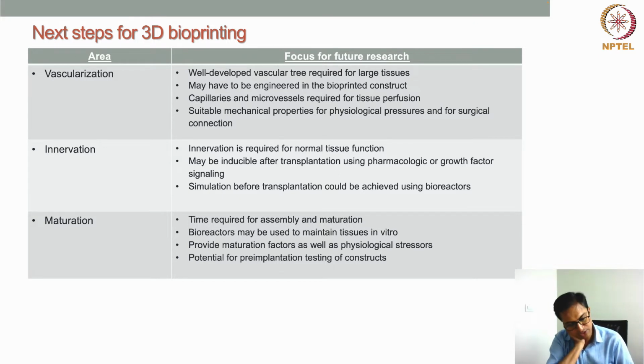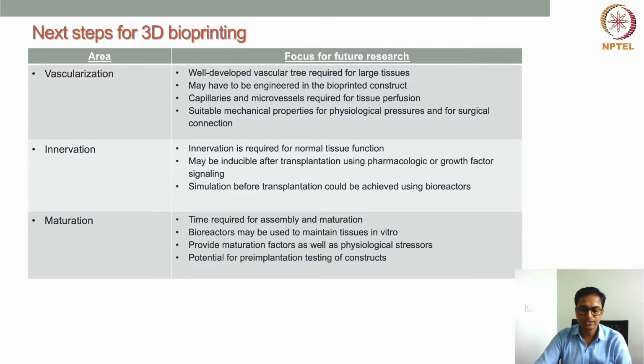And we have also earlier discussed the different cell layers and the different tissue structures, like in a vascular tree, the different layers we mentioned earlier: tunica intima, tunica media, tunica adventitia.